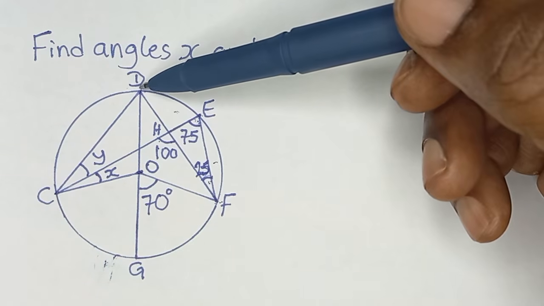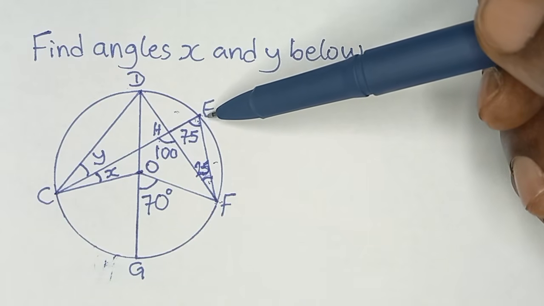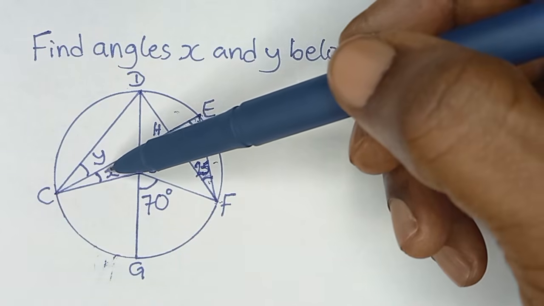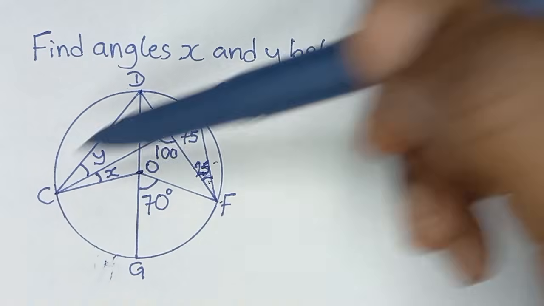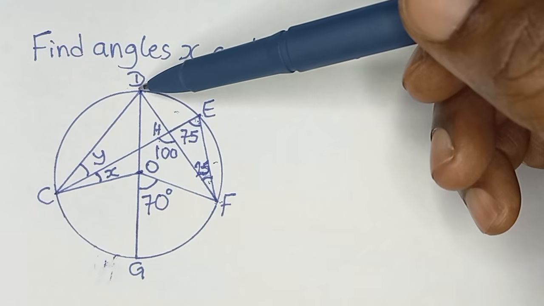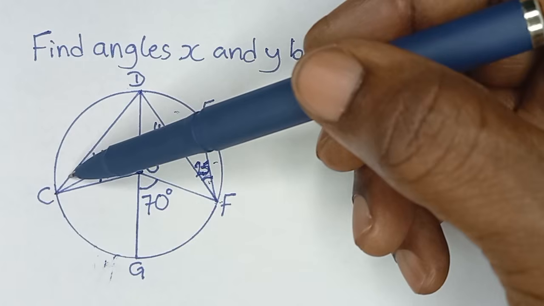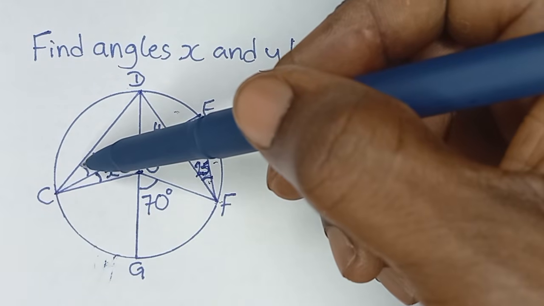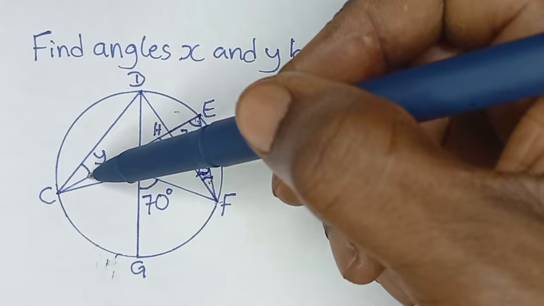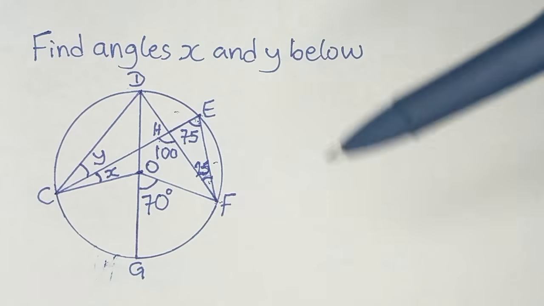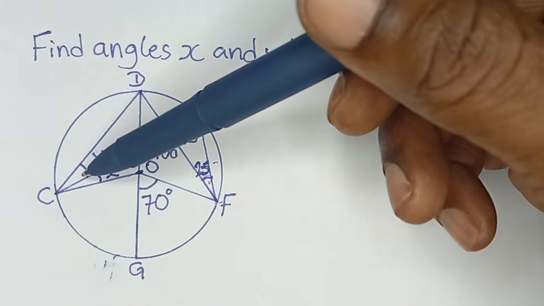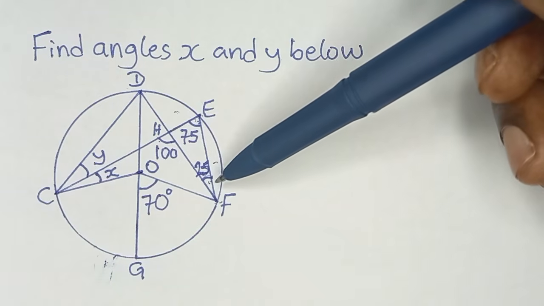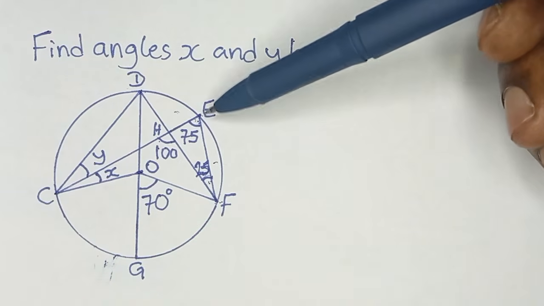Then using the same points D and E, you agree with me that I have another pair of lines going to C at the circumference, and the two lines form this angle Y. Then the theorem to apply is that angles in the same segment are equal because they are coming from the same points.